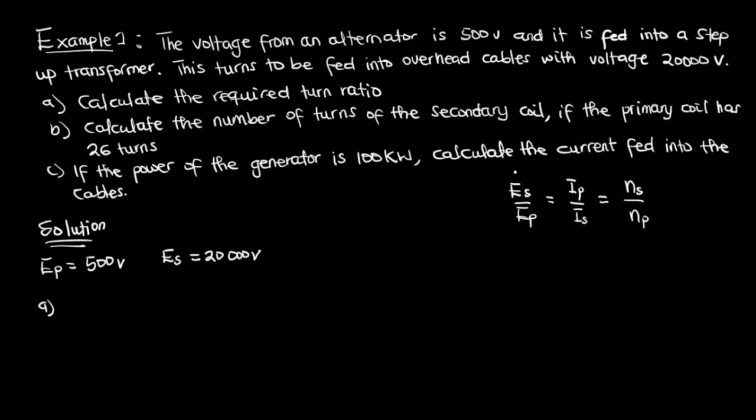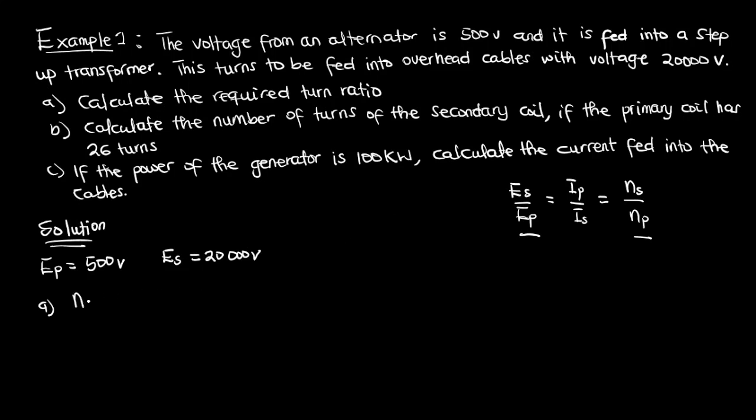So we can use any of these to calculate the required turn ratio. In this case, since we only have the voltage given to us, and the turn ratio, Ns over Np, is what we are supposed to find, we can equate these and find our turn ratio.